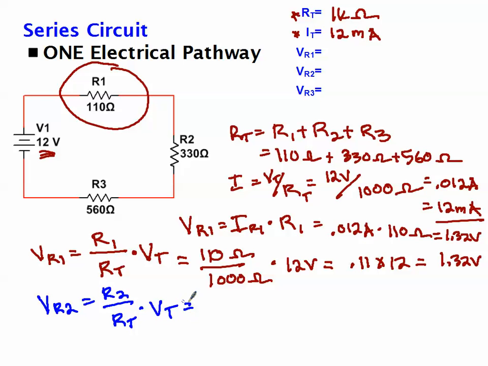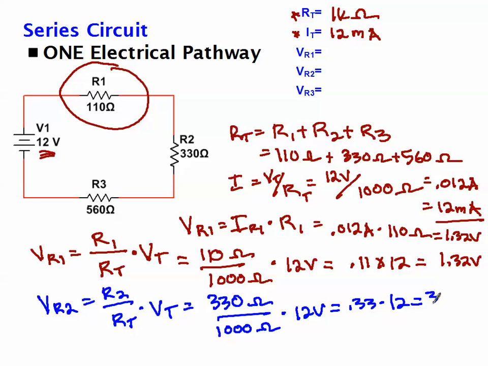But we'll just do the math just to make sure. 330 ohms over 1,000 ohms times 12 volts equals 0.33 times 12 equals 3.96 volts. Don't forget the units, right?